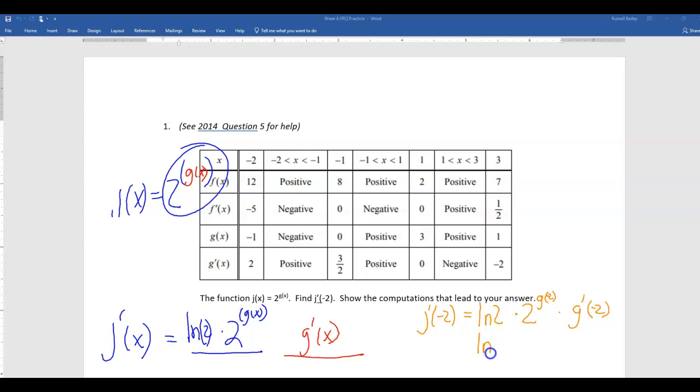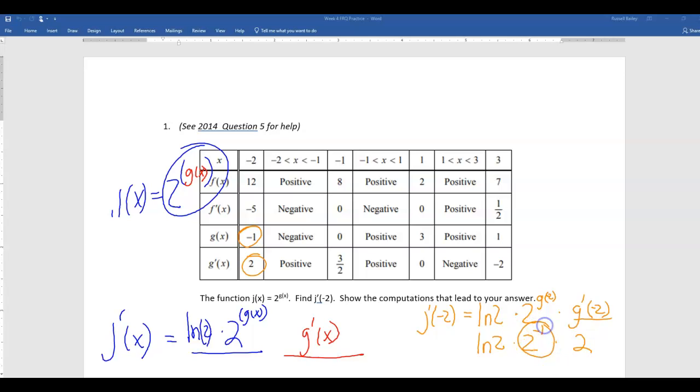So this is going to stay as ln of 2. You can't really do anything with that. But this guy here can be simplified. g of negative 2 is negative 1. And then g prime of negative 2 is 2.